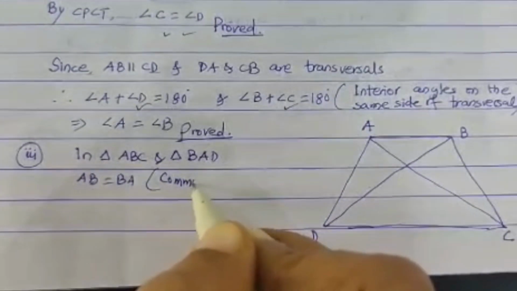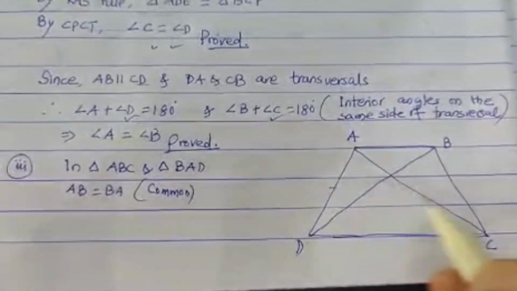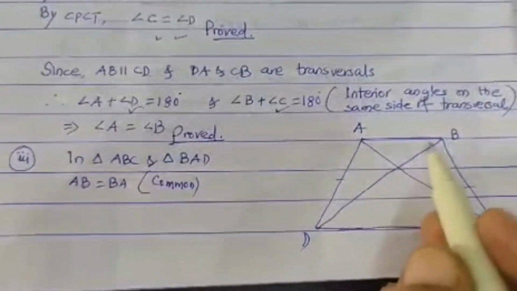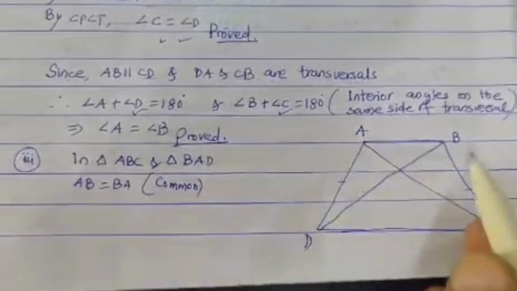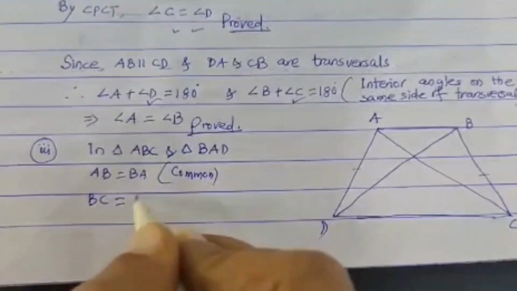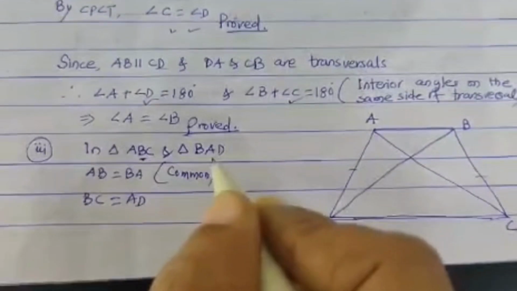Now this is also given: AD equals BC. So you write BC equal to AD, BC from this triangle and AD from this triangle.